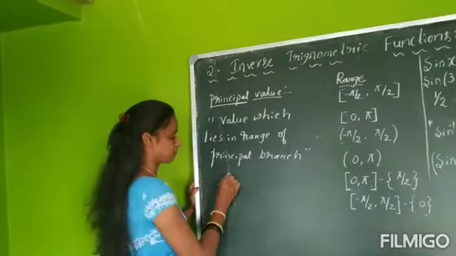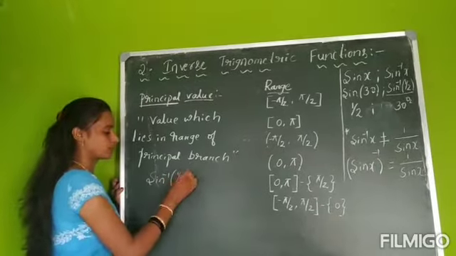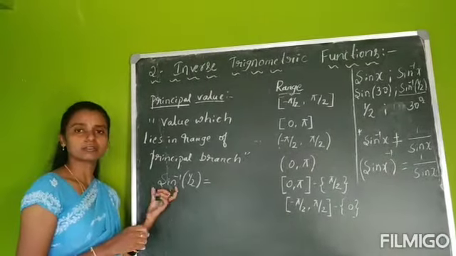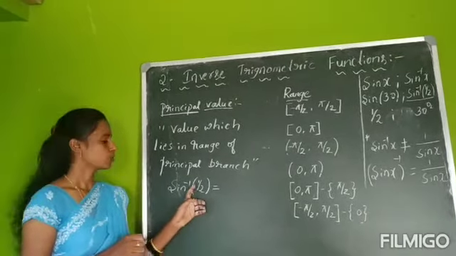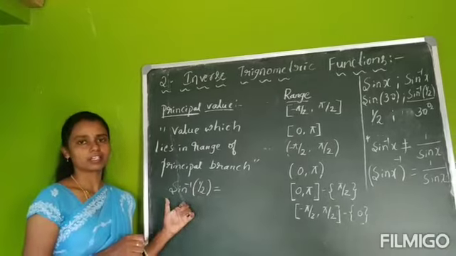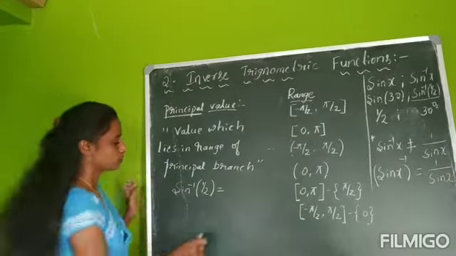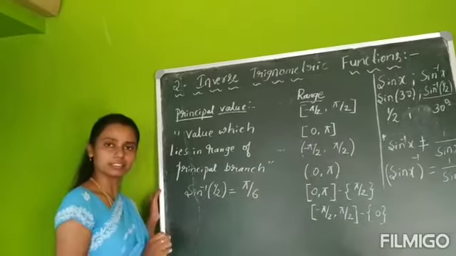For example, find the principal value of sine inverse of 1 by 2. In which radian, in which degree, is the sine value 1 by 2? It is 30, which we can write in radian as pi by 6.